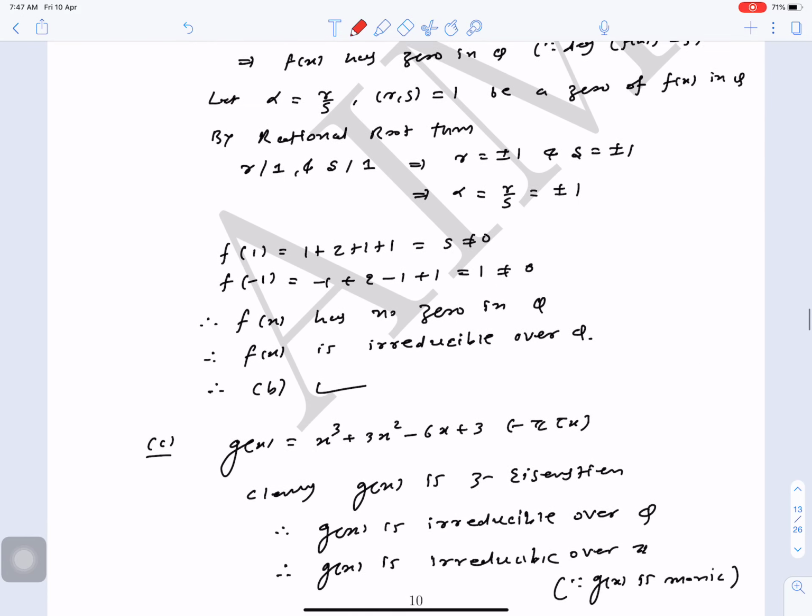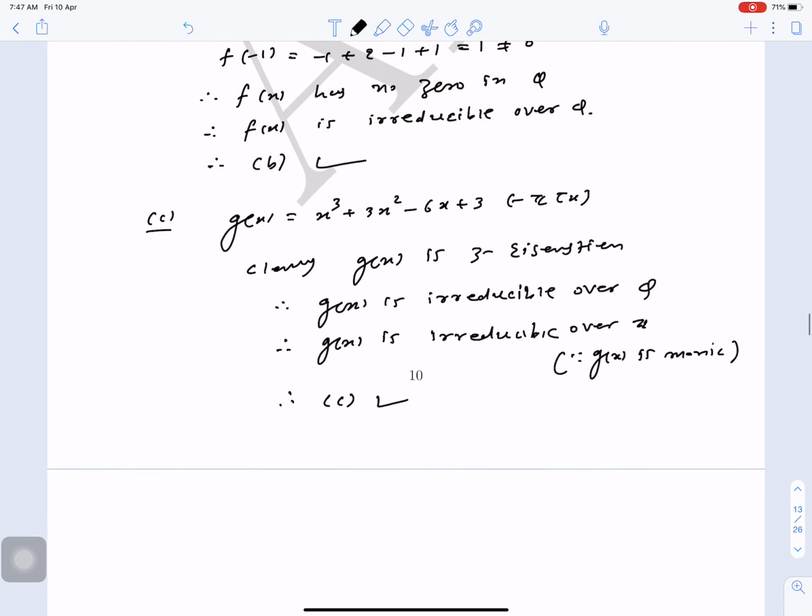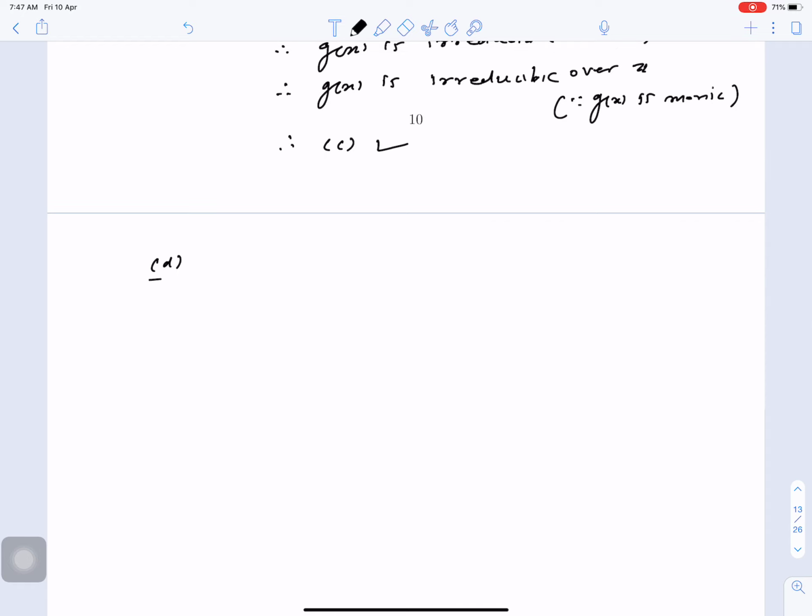Now option D. So you take let h(x) is equal to x raised to 4 plus x square plus 1, over Z2[x]. Now Z2 is {0, 1}.